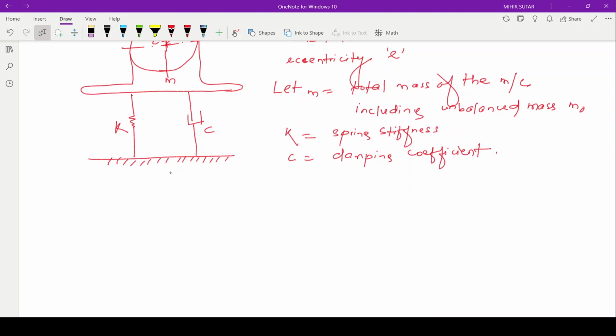Now let the m0 make an angle omega t with the reference axis at any instant.